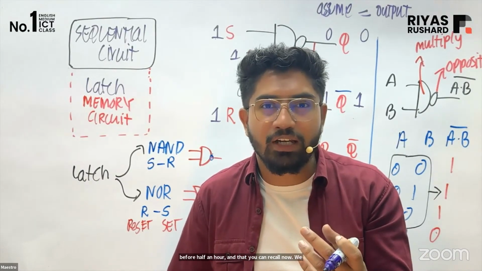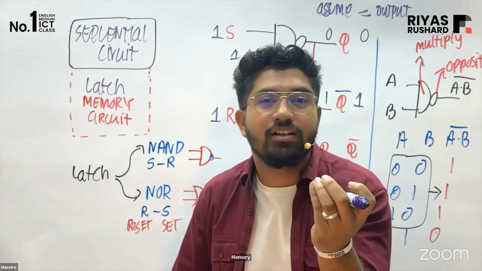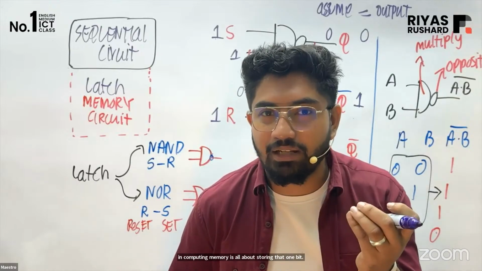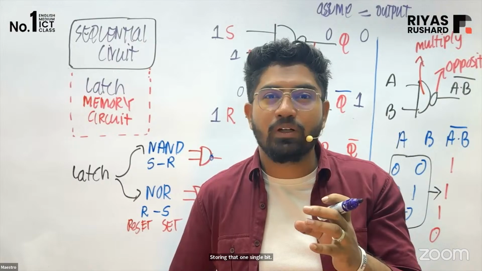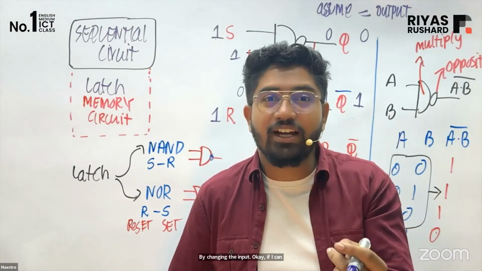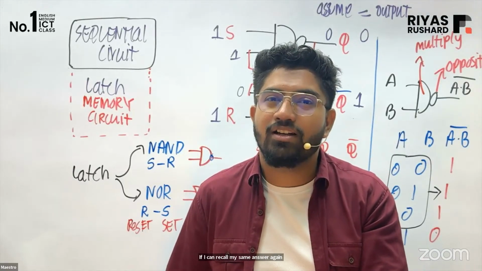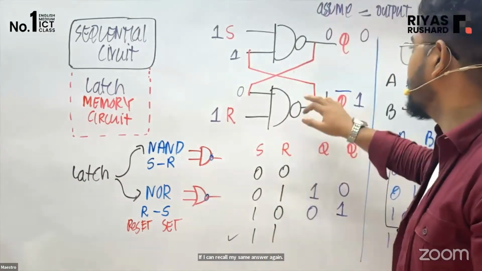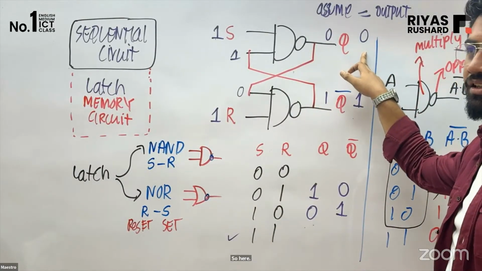In computing, memory is all about storing that one single bit and recalling it again. If I can take the same input again and recall my same answer again, that's memory. So here, it's an act of memory. Did you all get it?